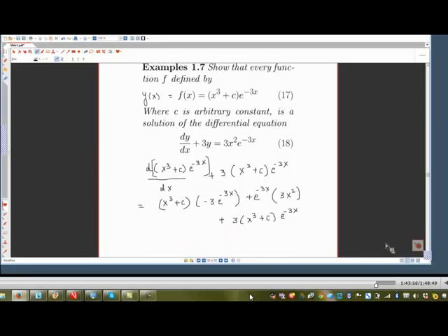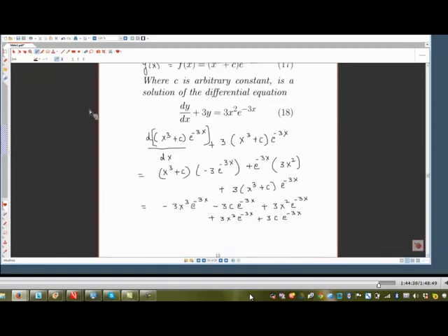So let's simplify this expression. We will get negative 3x cubed e to the power minus 3x, negative 3c e to the power minus 3x, plus 3x square e to the power minus 3x, plus 3x cubed e to the power minus 3x plus 3c e to the power minus 3x.